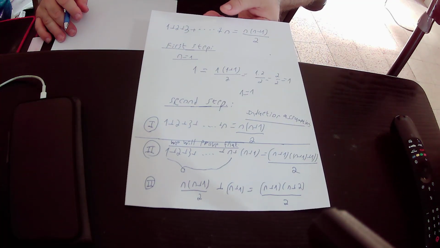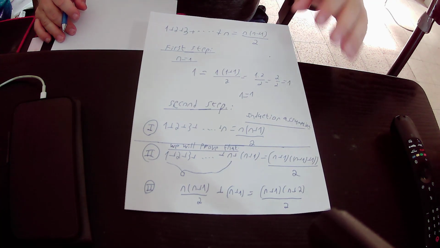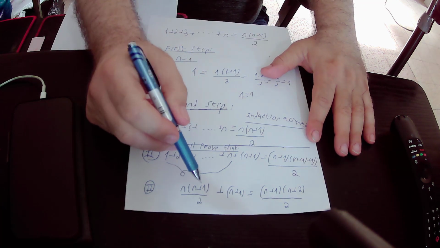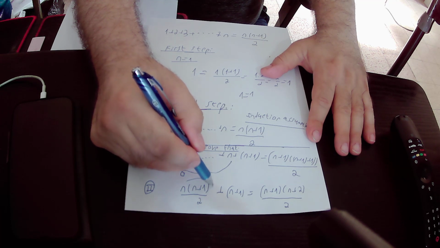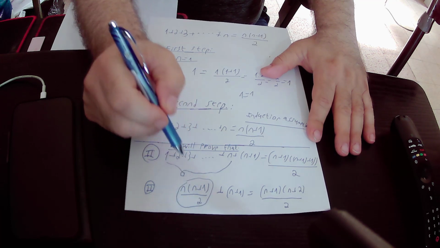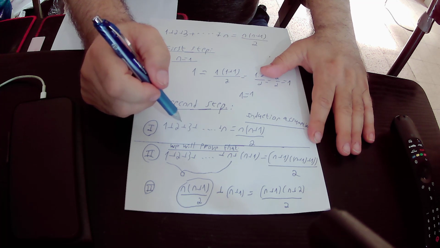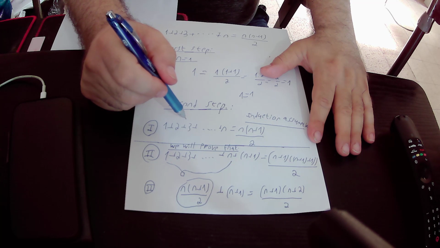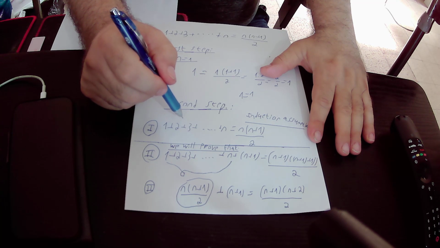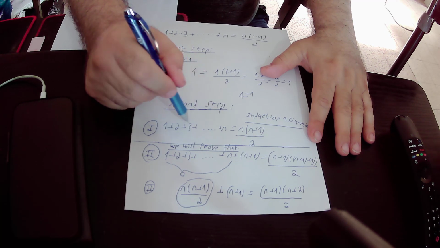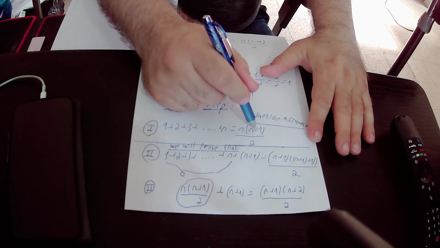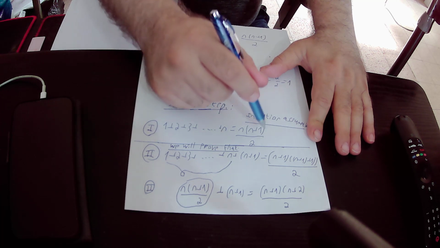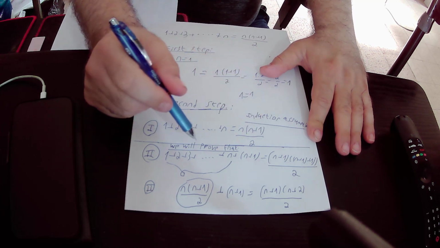So here actually we substituted this expression by this expression because we assume that expression 1 is true, and according to expression 1 this expression equals this expression, so we can substitute one by the other.